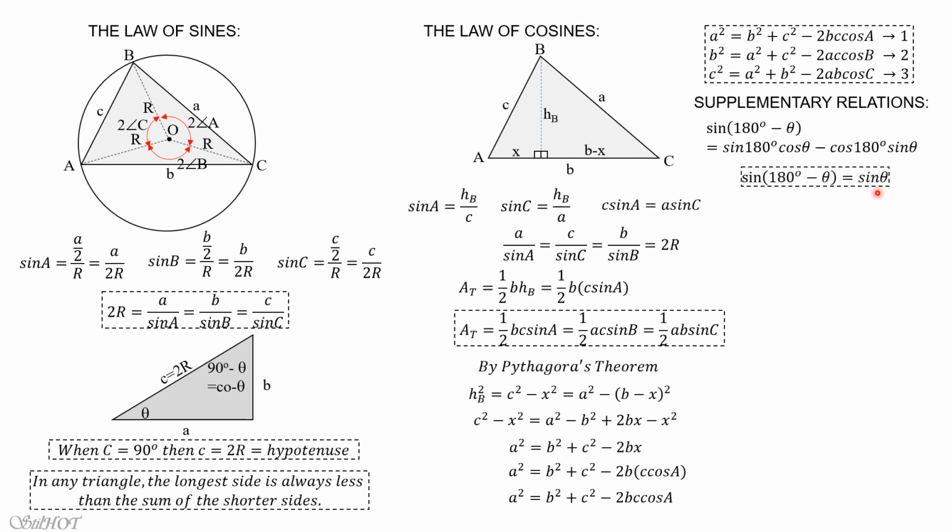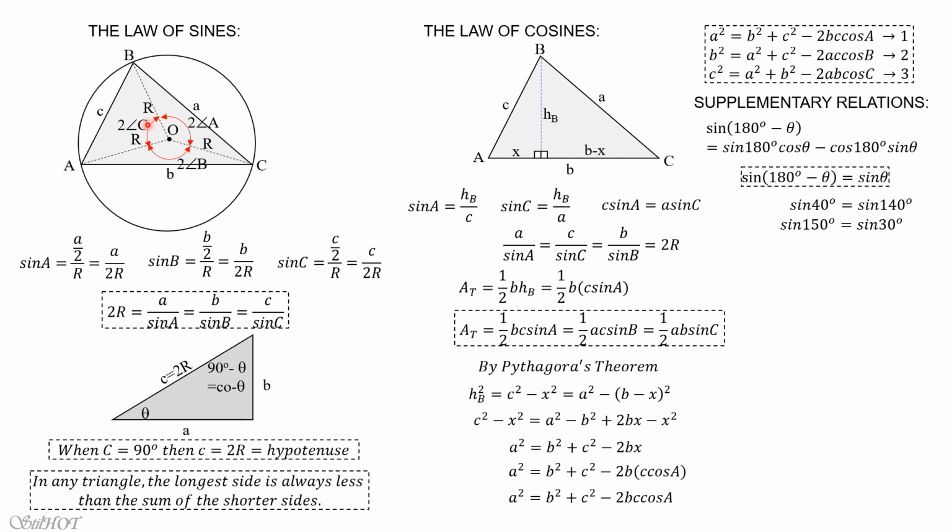This is what I told you a while ago, that sine 150 degrees is equal to sine 30 degrees. So sine of 40 degrees is equal to sine of 140 degrees because 40 and 140 are supplementary angles. The sum is 180 degrees. So sine 150 is 1 half, sine 30 is also 1 half. This is what I mentioned a while ago, that you should be careful to use the law of sines if you know that the angle is obtuse.